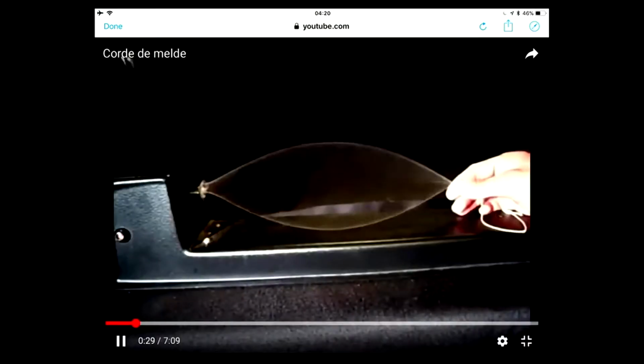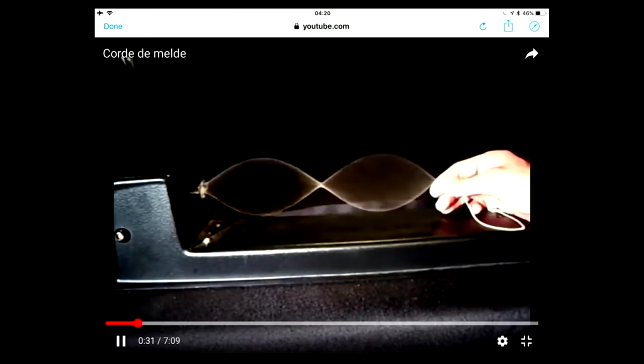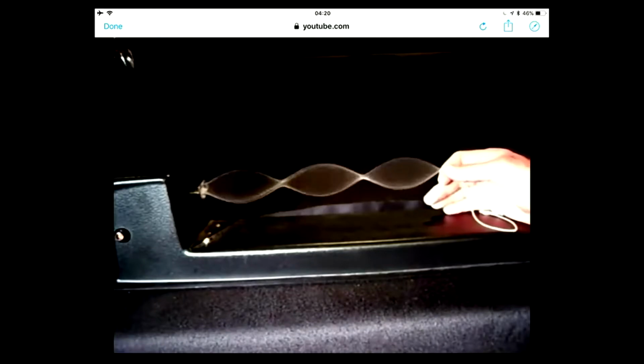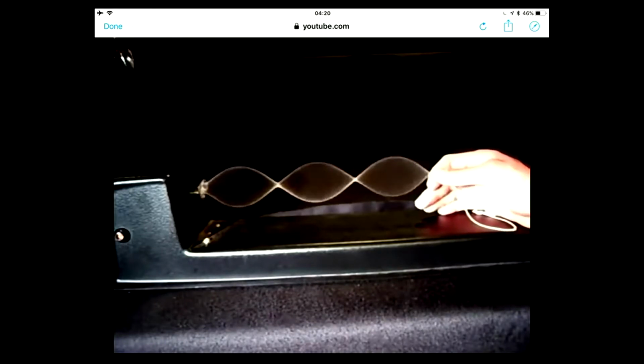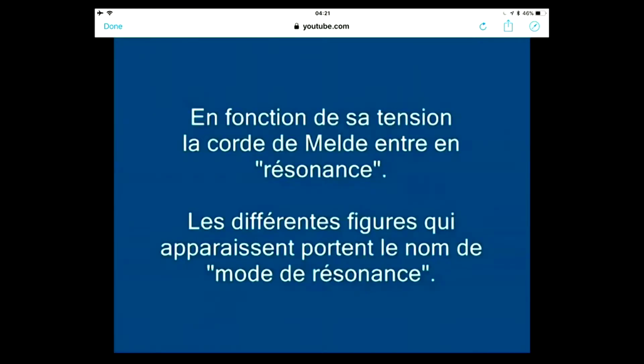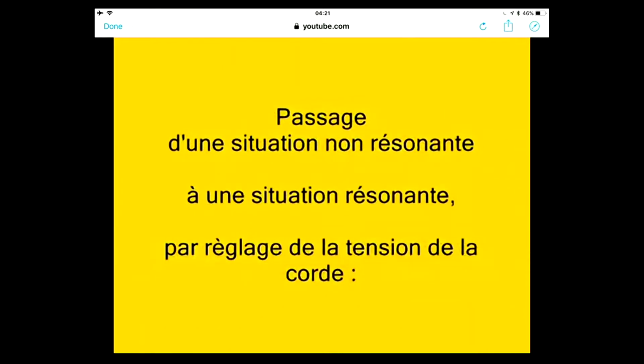Okay, so this is the first mode. You see all this mess when this person changes the length of the string. What do you think all that mess is? It is the transient, where you have a whole bunch of modes being superimposed one over the other, up to the point where only the one that corresponds to that particular excitation remains.